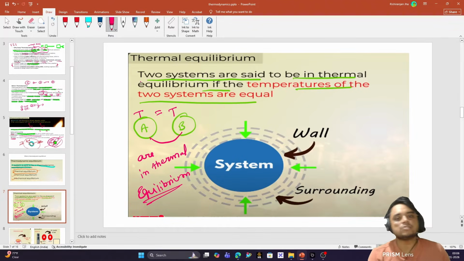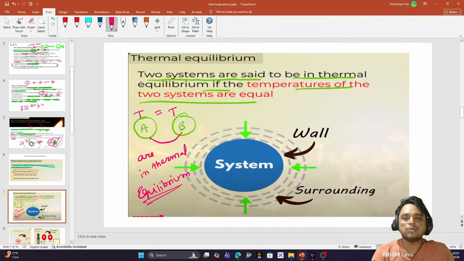Hope you understood the concept of thermal equilibrium. We will also cover thermal equilibrium while studying the zeroth law of thermodynamics, in which it will be more clear to you. For now, just understand that if there are two systems and both have the same temperature, then we can say that the two systems are in thermal equilibrium.